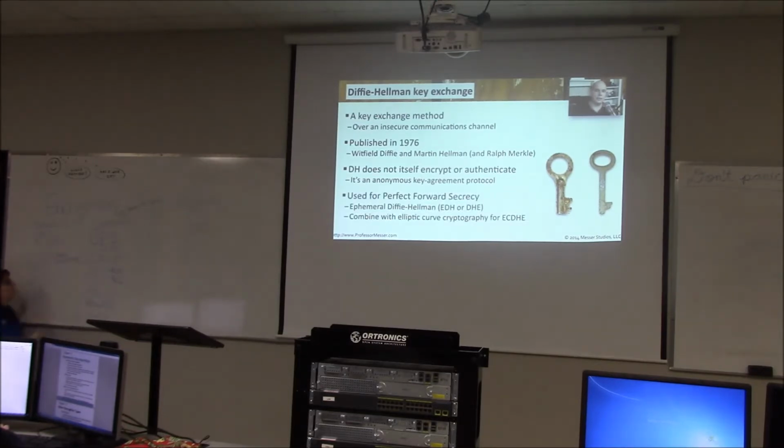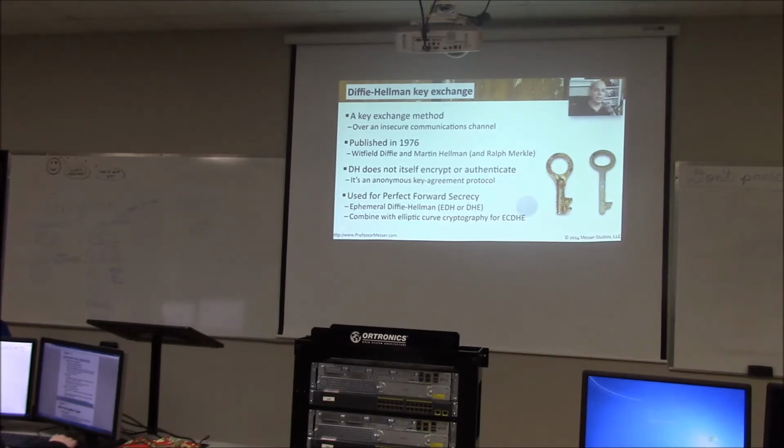It's very common to see Diffie-Hellman key exchange used in things like perfect forward secrecy, which is a way to transfer keys and encrypt information on web servers. This uses ephemeral Diffie-Hellman, which means those keys will only be used for a short period of time. You'll commonly see that written as EDH or DHE, and it's combined with elliptic curve cryptography to do the encryption.